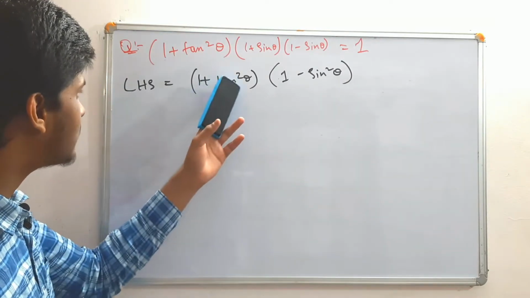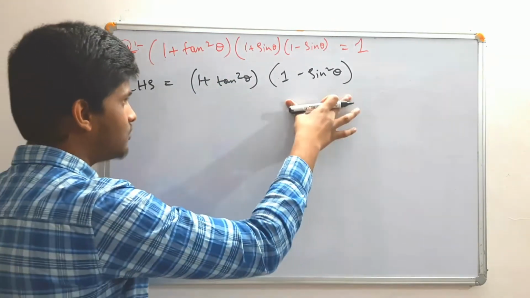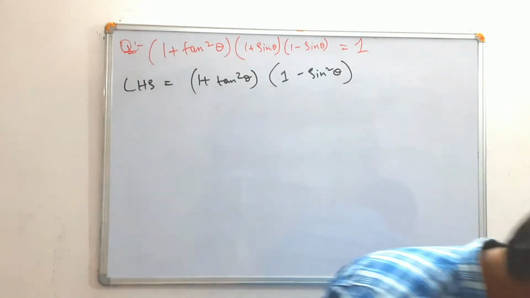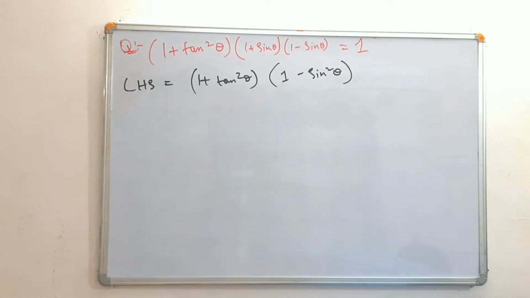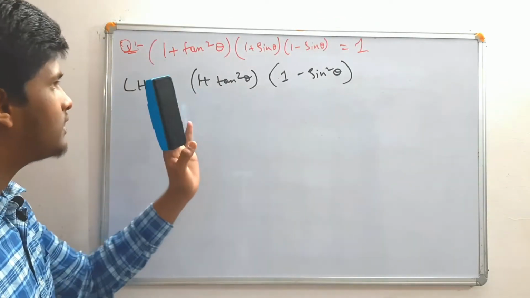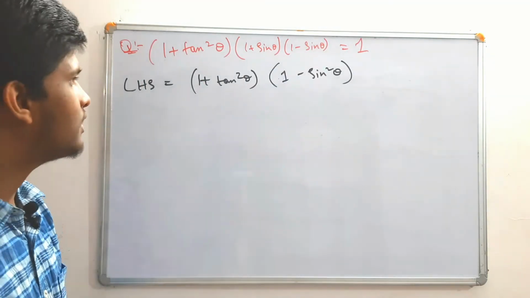Now let's try to solve this one. So now we got 1 plus tan square theta into 1 minus sine square theta, right?